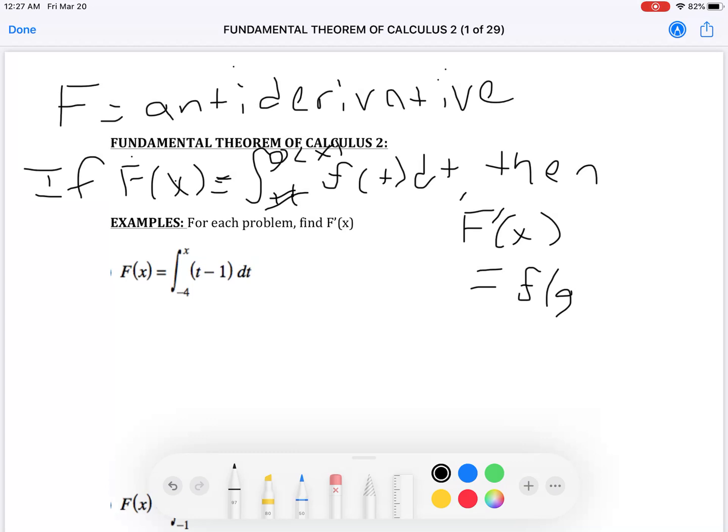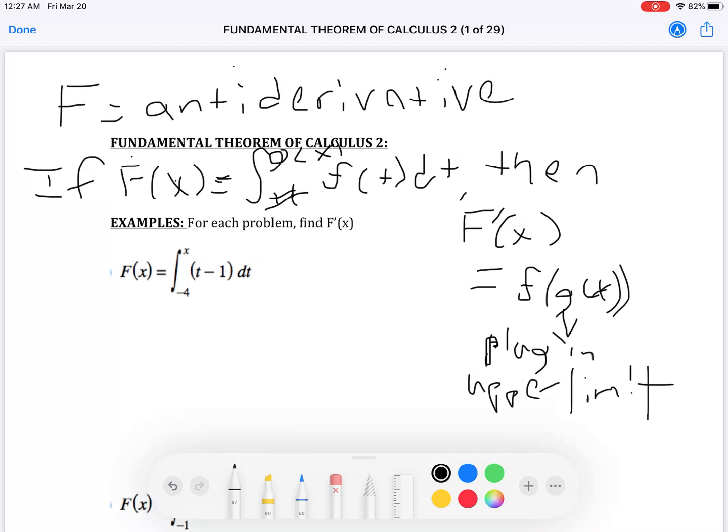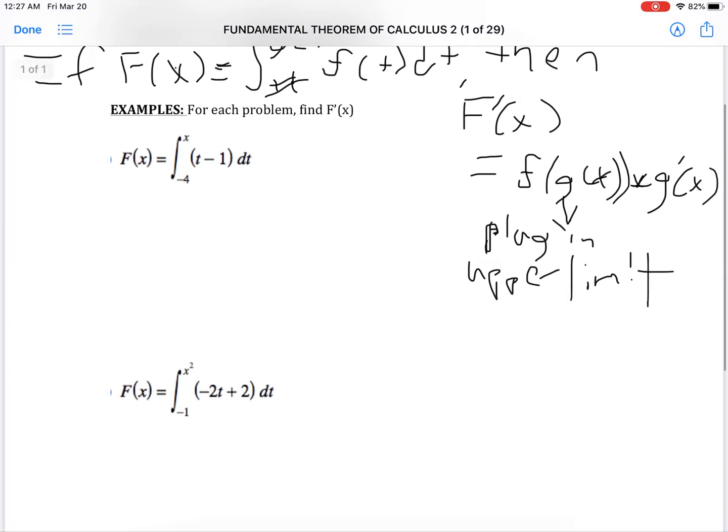So we're literally just plugging in the upper limit of integration and multiplying by the derivative of the upper limit of integration.